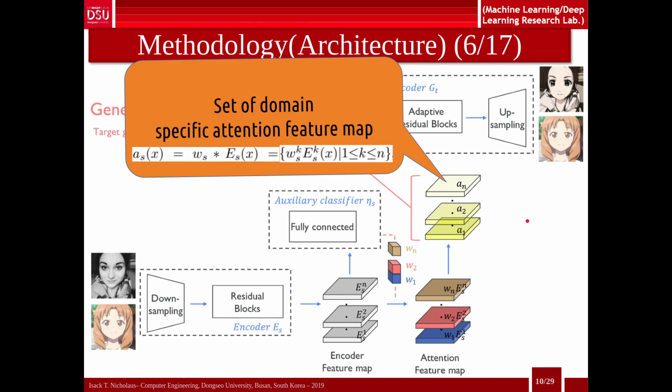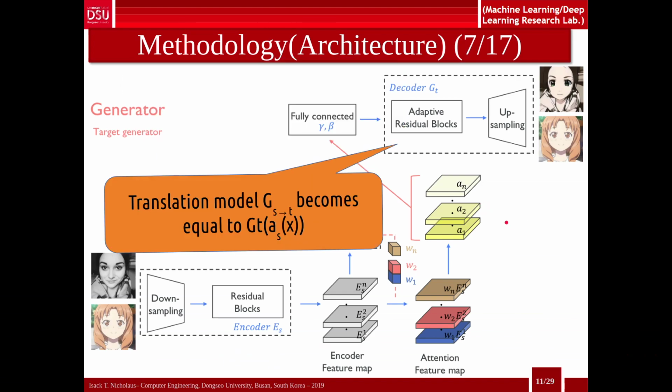So let's see how this attention feature map is being used. This attention feature map will be fed to a fully connected layer, and then will be used by the fully connected layer to learn these two parameters.